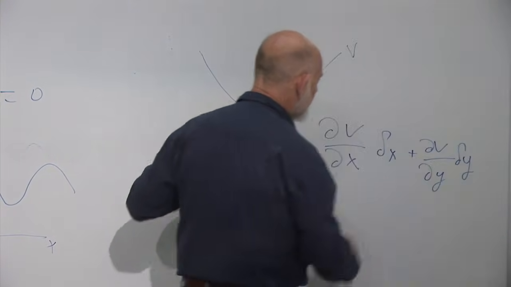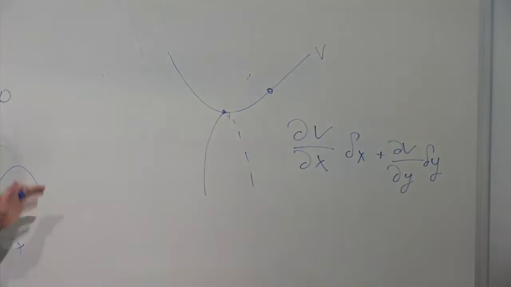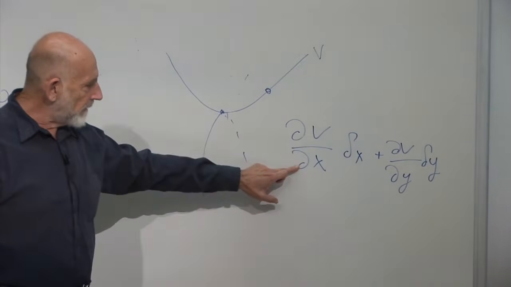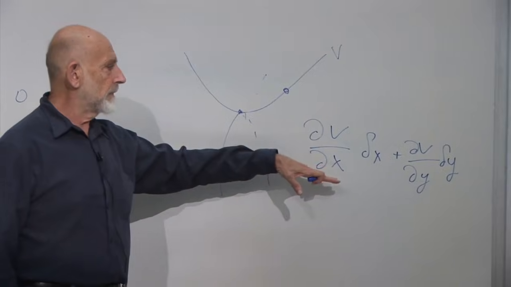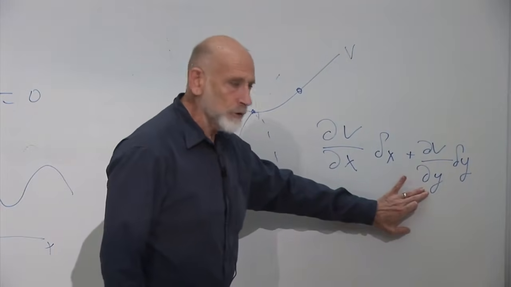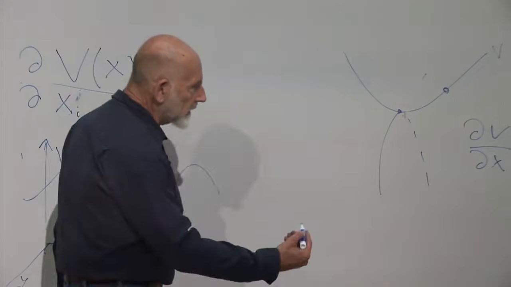Wherever you are, you don't have to be at the bottom, the change in V if you move a little bit is the derivative of V with respect to x, times the little change in x, plus the derivative of V with respect to y, times the little change in y. And that we can call delta V.